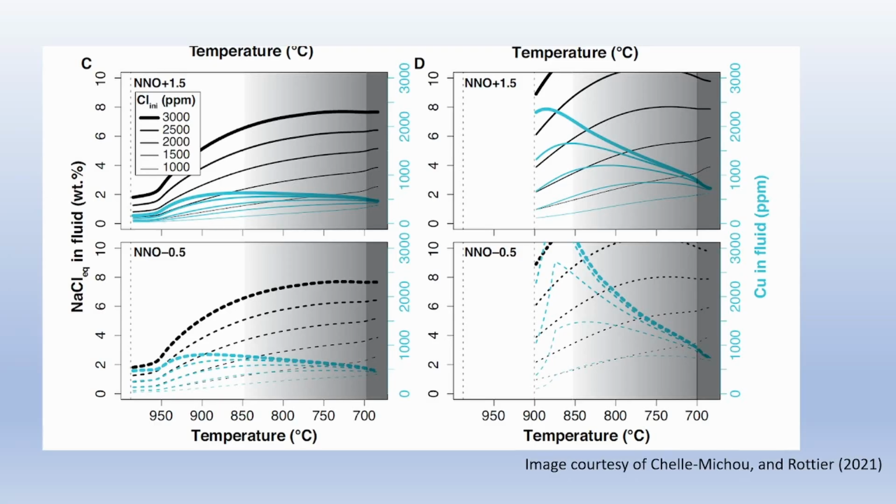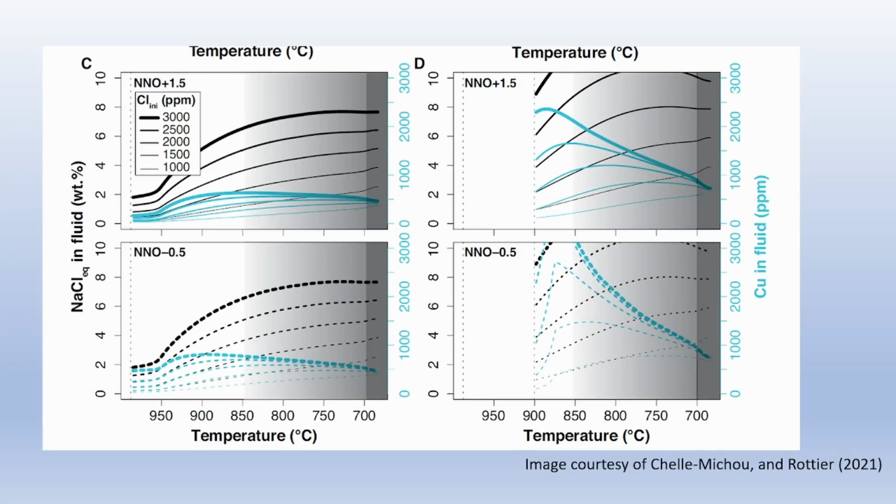In panel D, we have copper under oxidized conditions, NNO plus 1.5, at which copper rises early with temperature and chlorine, but then tapers off as the system cools. It starts strong but fizzles.